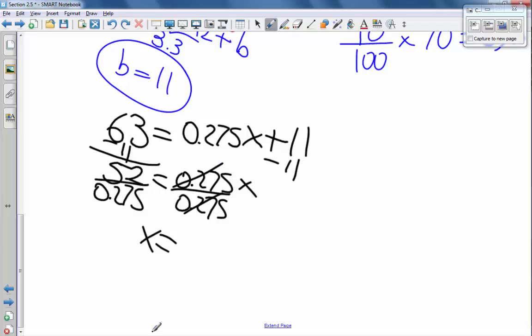What is 52 over this? 200, what? Almost 200. Right? 189. It's more than 6 months. Right? 6 months and 9 days later, your puppy is expected to be 63 pounds.